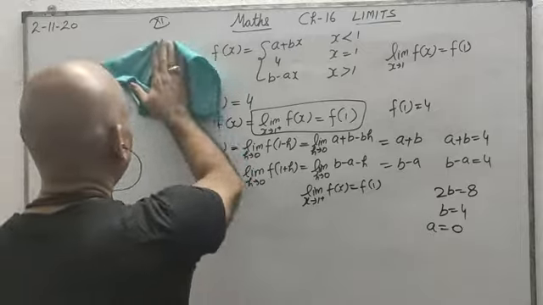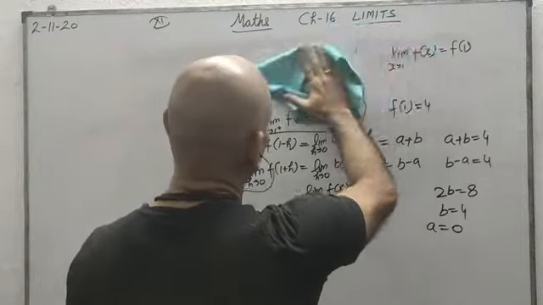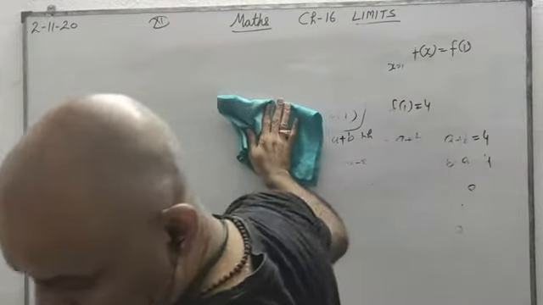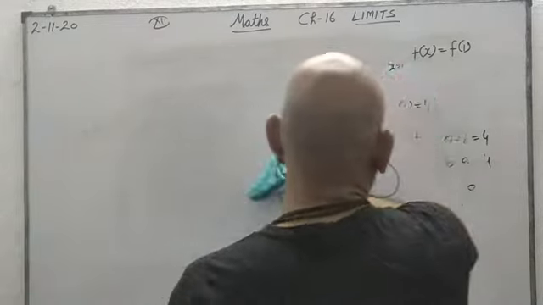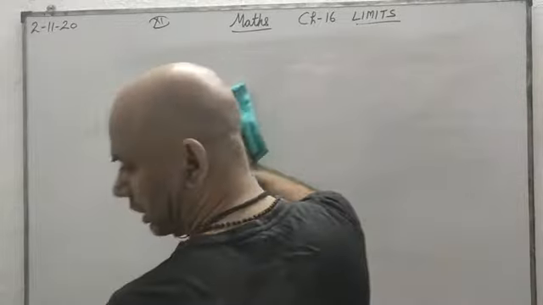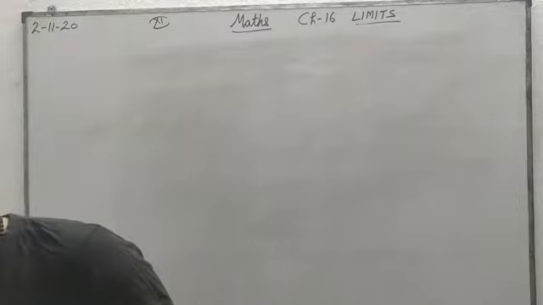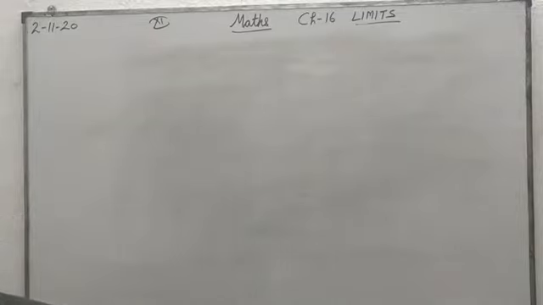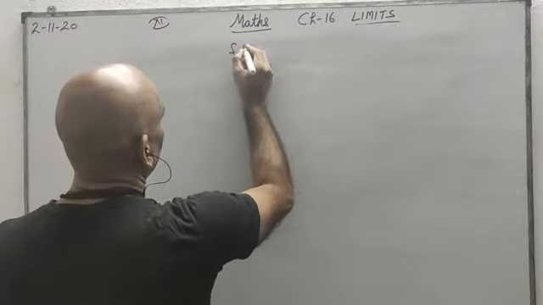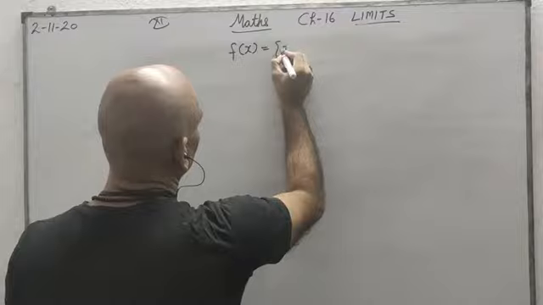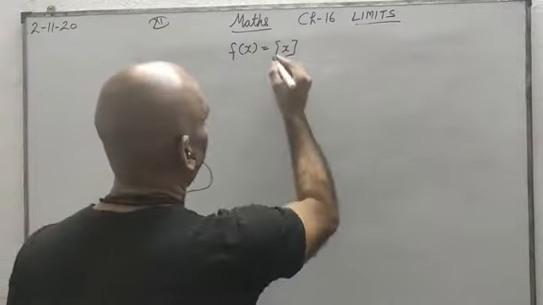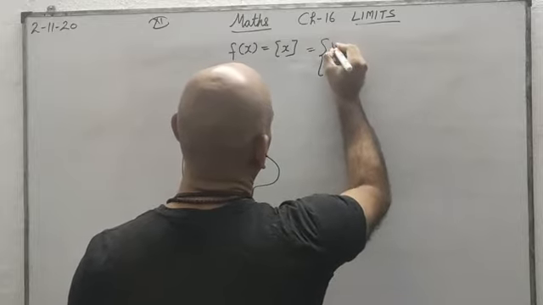In question number 10, he is discussing one thing which is called the greatest integer function, which you have studied in the chapter on functions. The symbol of the greatest integer function is f(x) equal to [x], in brackets.